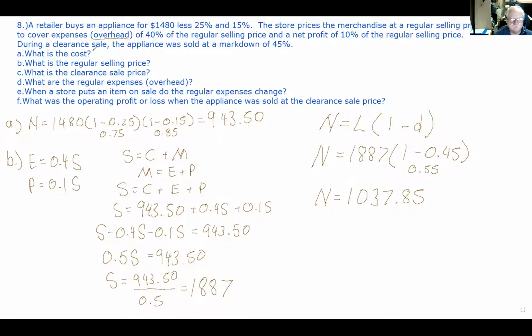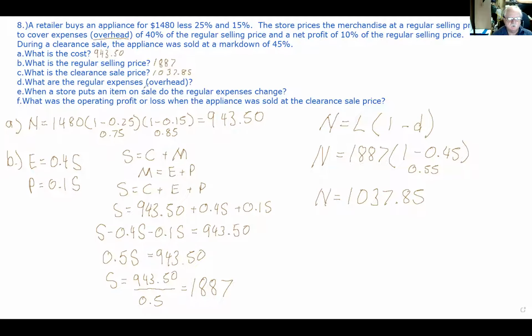So let's look at what we've done up here. They first off asked us the cost, and we got 943.50. Then they asked us the regular selling price, and we got 1887. Then they asked us the clearance sale price, and we got 1037.85. So we're only halfway through here. What are the regular expenses?